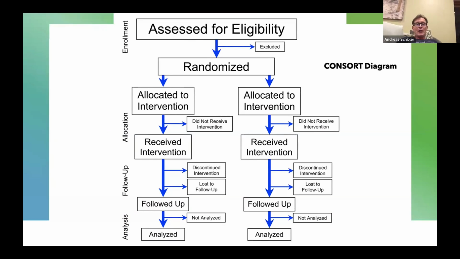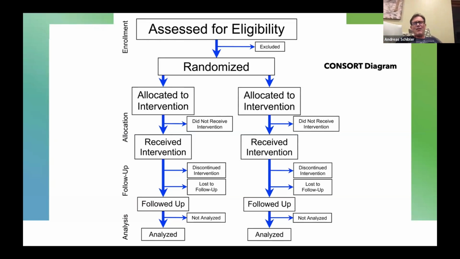Now, if you do a randomized controlled trial, you need to think about your so-called CONSORT diagram, which is saying, okay, who do we allocate, who we don't allocate, who received the intervention, who didn't receive the intervention, and who did we lose to follow-up?